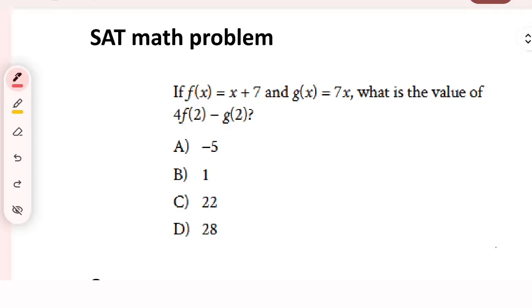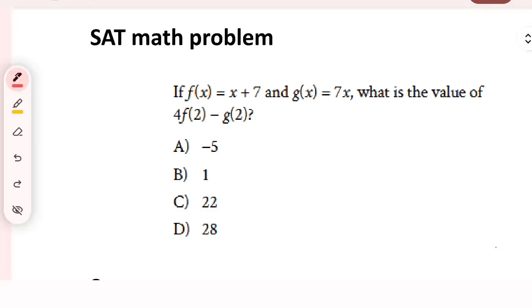The problem goes: if function f of x is equal to x plus 7 and another function, g of x, is equal to 7x, what is the value of 4 times f of 2 minus g of 2?